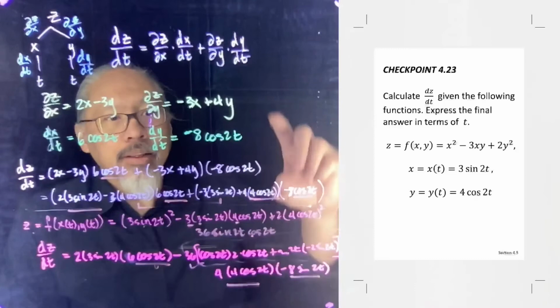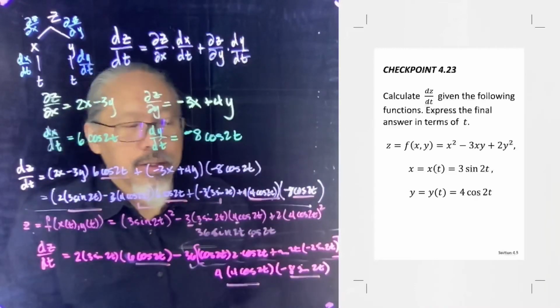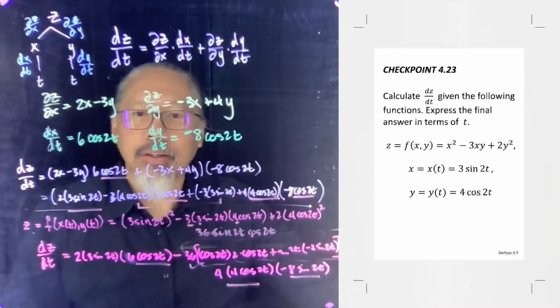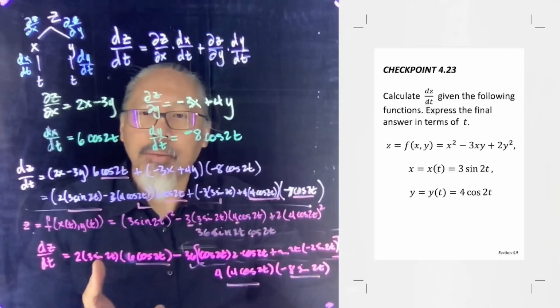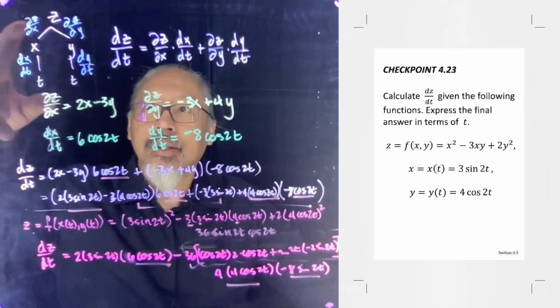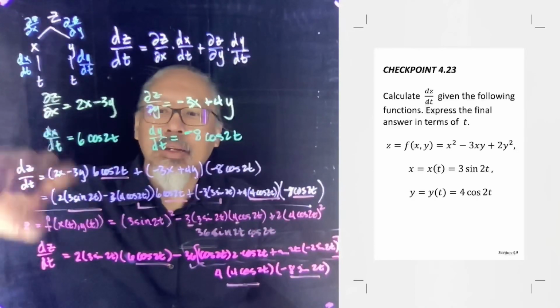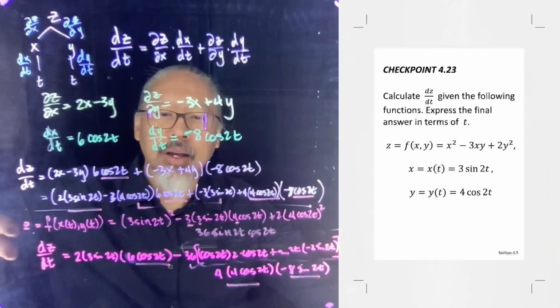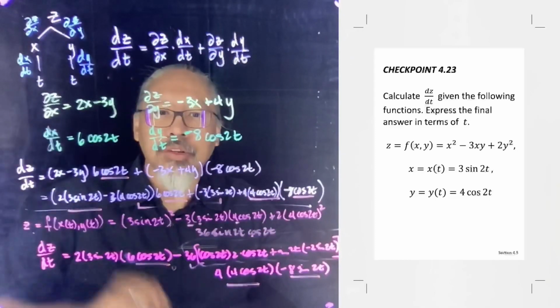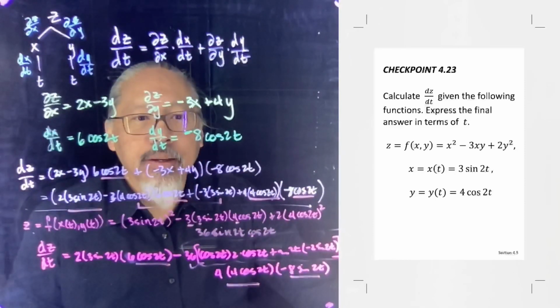I think they want us to do it the first way. The second way is just to be able to check our work and to see the relationship between the composition of functions and how the relationship between z, x, y, and t is related as a composition versus just using the chain rule. I hope that helps.